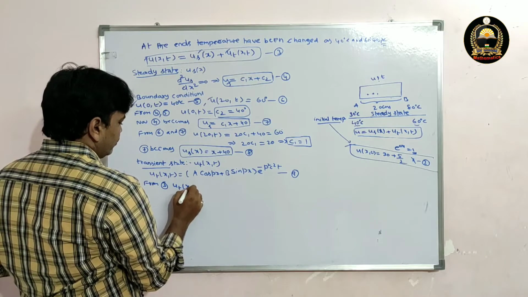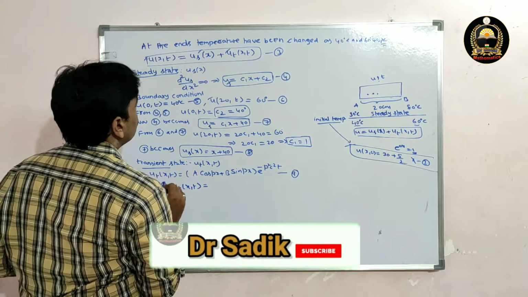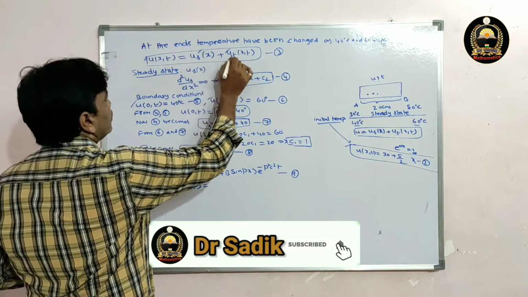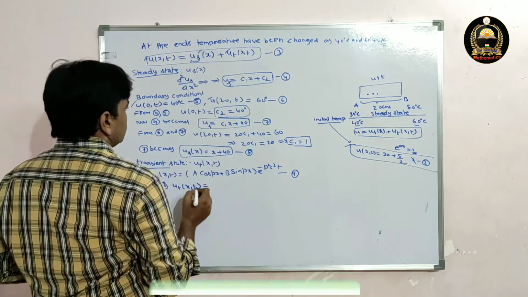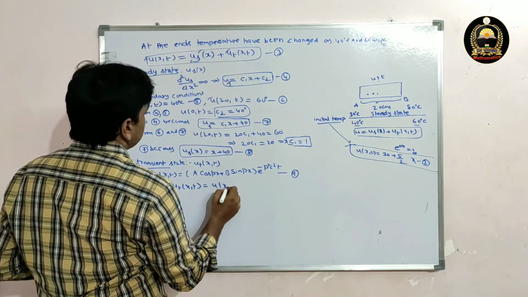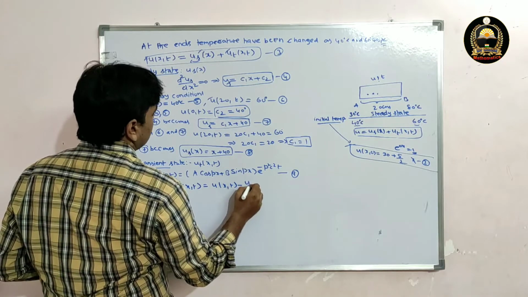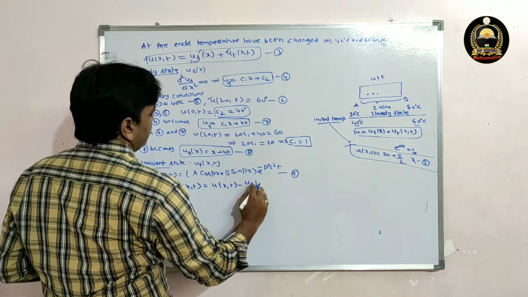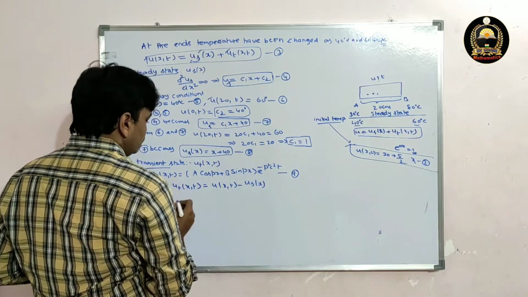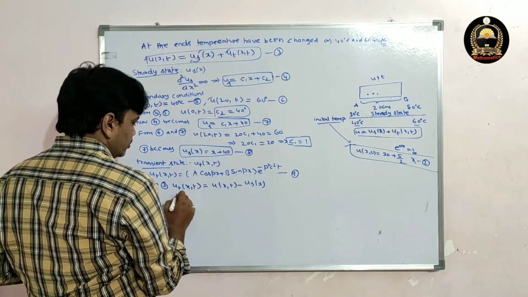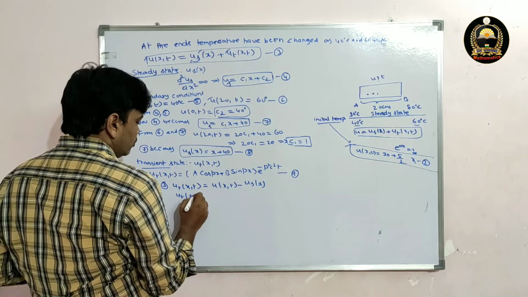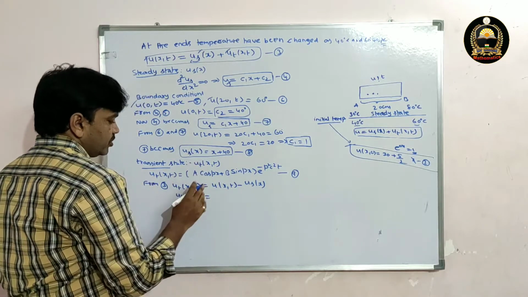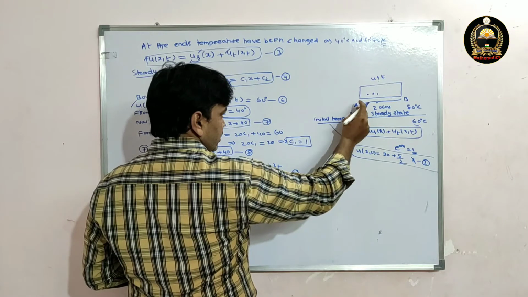Transpose this, so we get u of x comma t minus u_s of x. So this is not the initial temperature, students, at the end A.